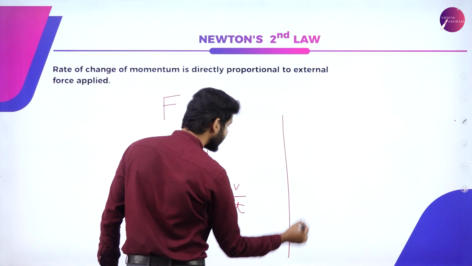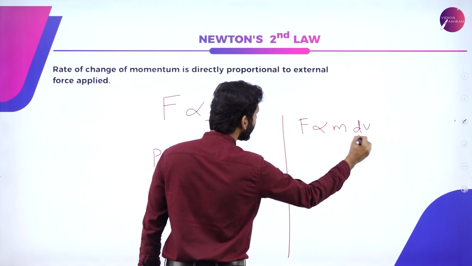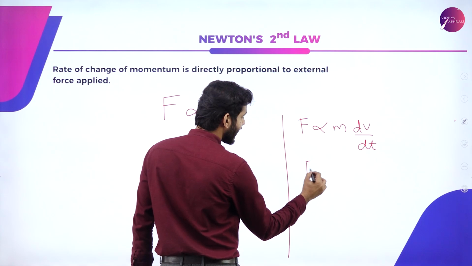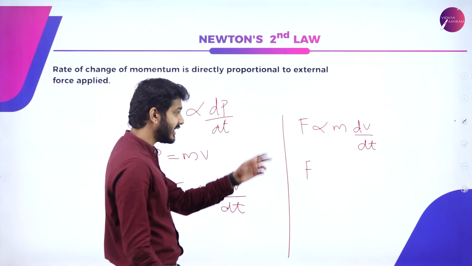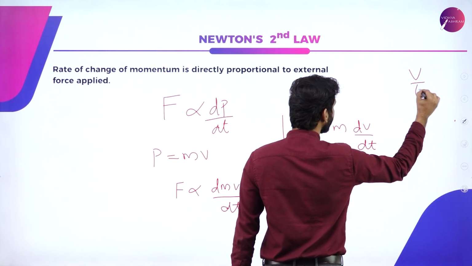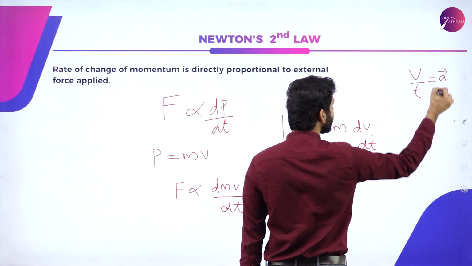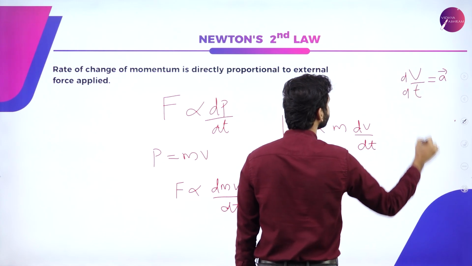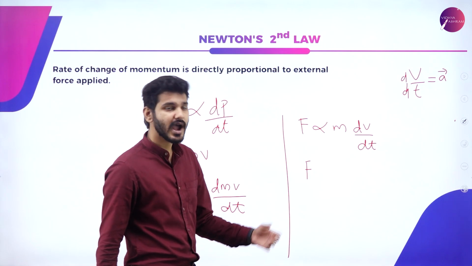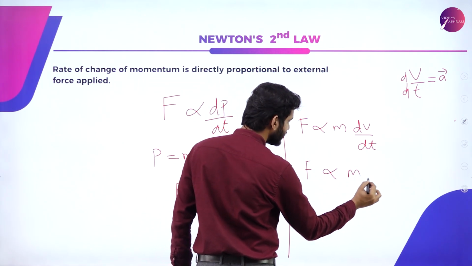So we can write F directly proportional to m dv by dt. And we know that dv by dt is the rate of change of velocity, which is equal to acceleration a. So F is directly proportional to ma.